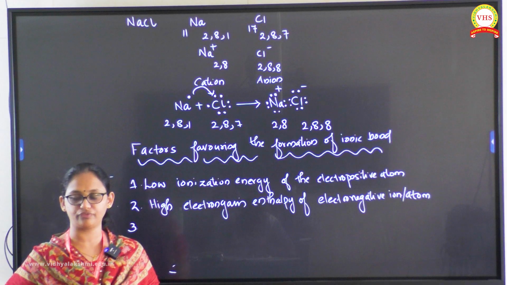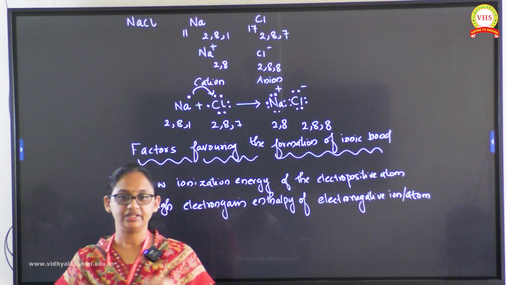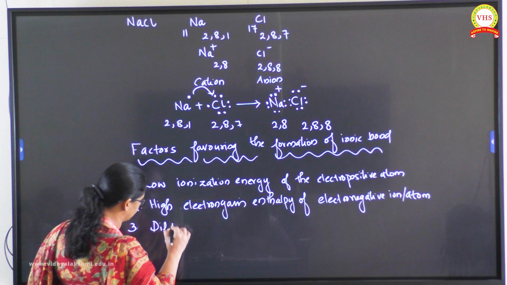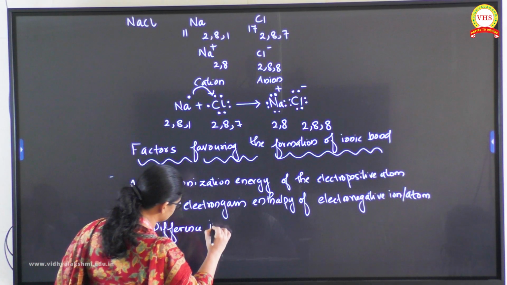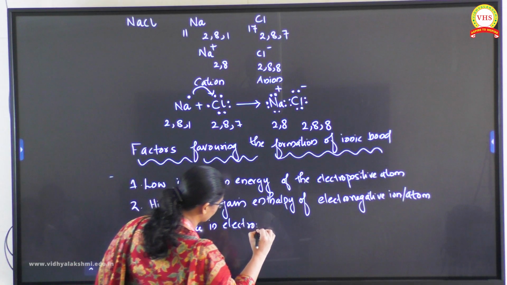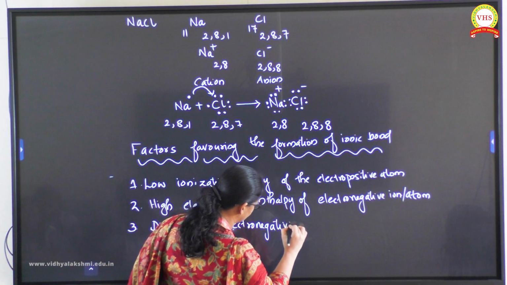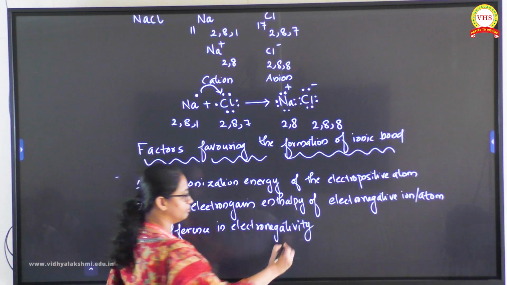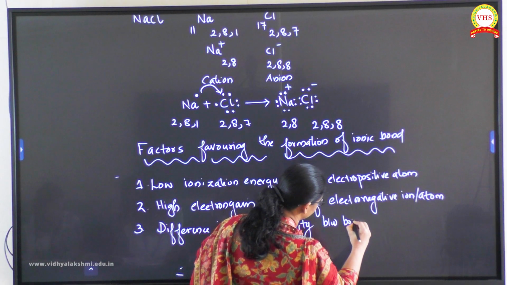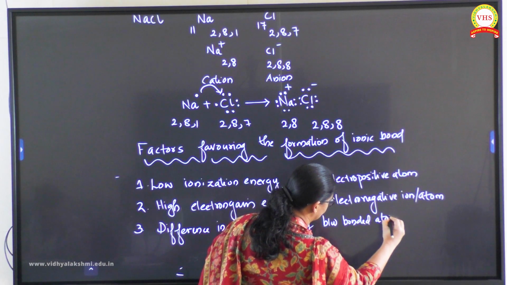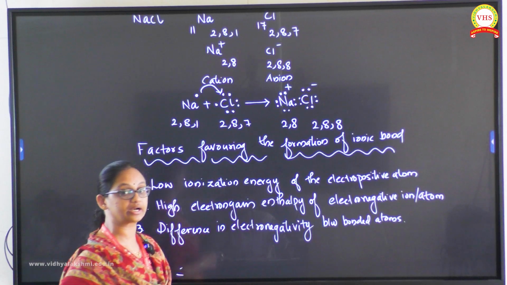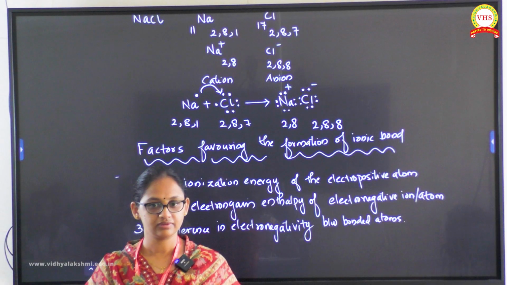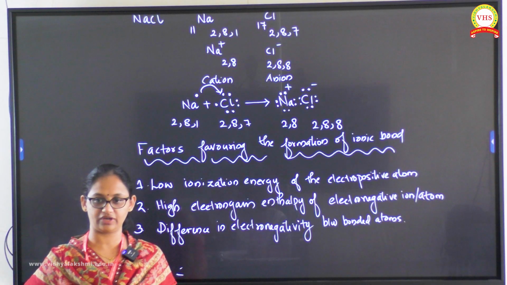And one more factor affecting the ionic bond formation is the difference in electronegativity between bonded atoms. What do you mean by electronegativity? That is what we already studied in the classification of elements.